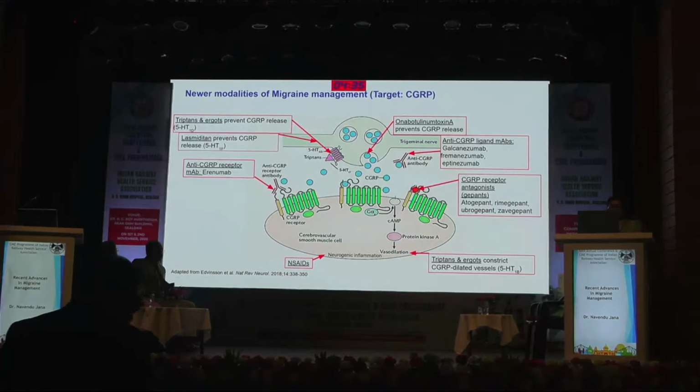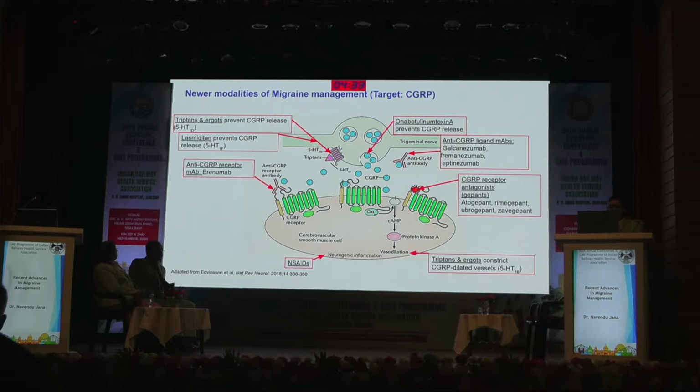Anti-CGRP receptor monoclonal antibodies, erenumab, are available in India. Botulinum toxin is also used for treating refractory migraines. Anti-CGRP ligand monoclonal antibodies are also in India now. CGRP receptor antagonists, rimegepant, ubrogepant, zavegepant, we have rimegepant now in India. It has been approved for acute treatment, and definitely the NSAIDs, which prevent neurogenic inflammation.